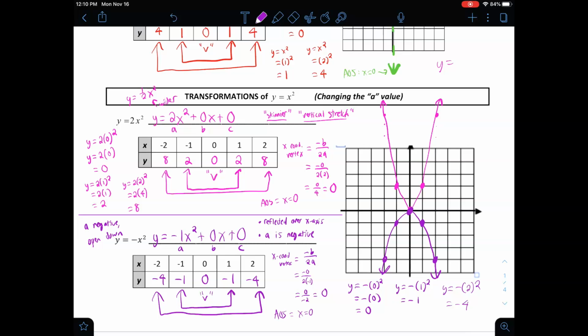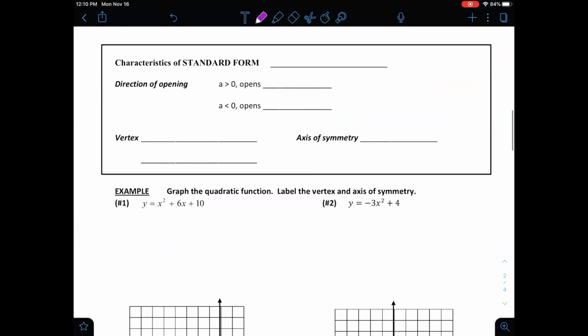All right, we got another page to do here. Let's keep cruising along. So, characteristics of standard form. Standard form is y equals ax squared plus bx plus c. Memorize this formula, by the way. It's very important. If a is greater than 0, or positive, it's going to open up, like this.